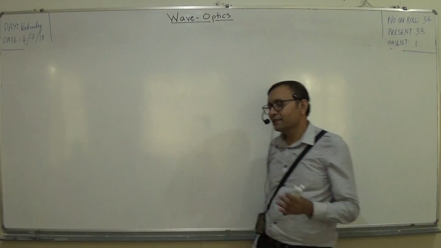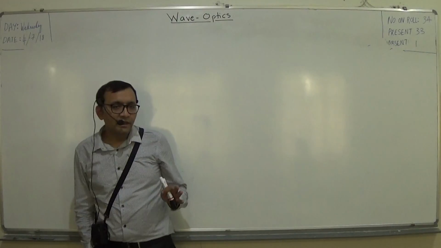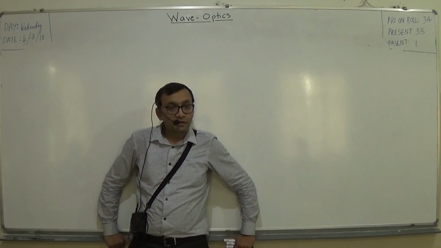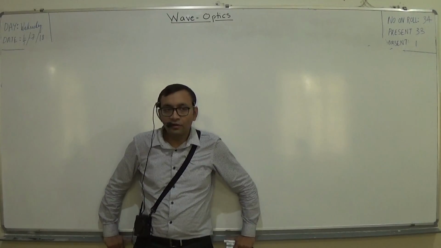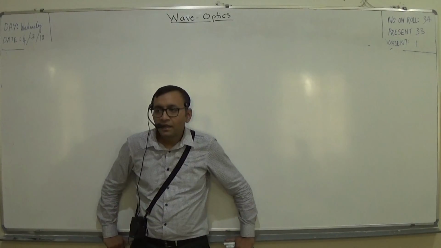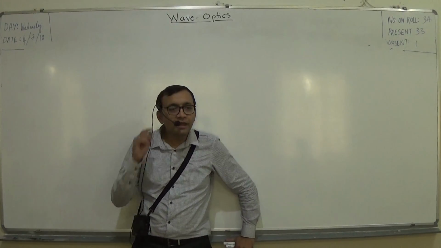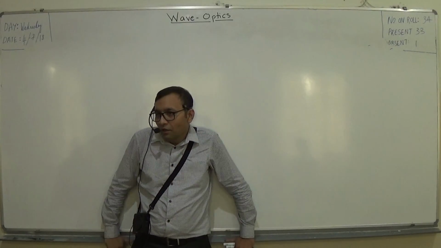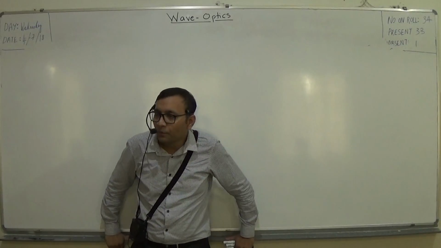Now we have discussed initially itself that light can behave like a particle and light can behave like a wave also. These are the two behaviors of light. Depending on the scenario, light will behave like a ray, and depending on some other scenario, light will behave like a wave. So it's just like human behavior.